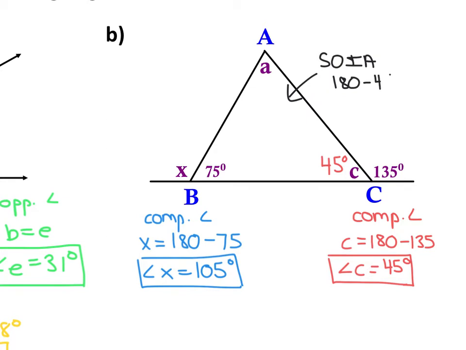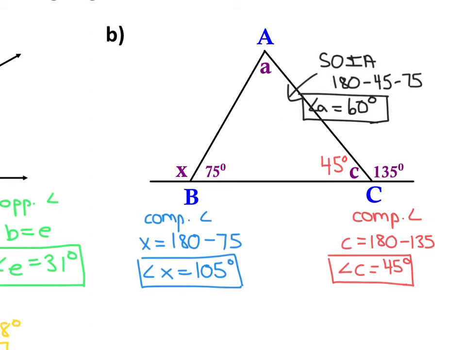So now we can subtract the two angles inside, okay? And we find that angle A, okay, is equal to 60 degrees. Again, there's a couple of different ways to go about that question, so you can choose which way to go.